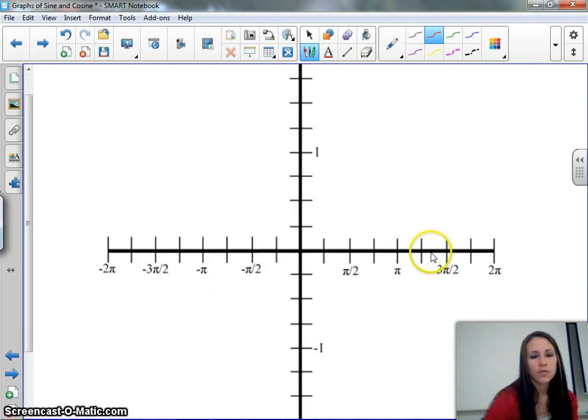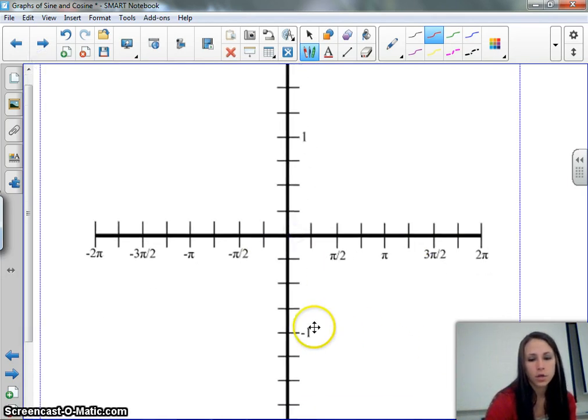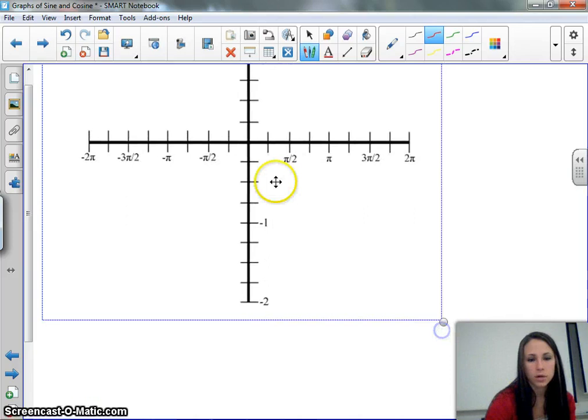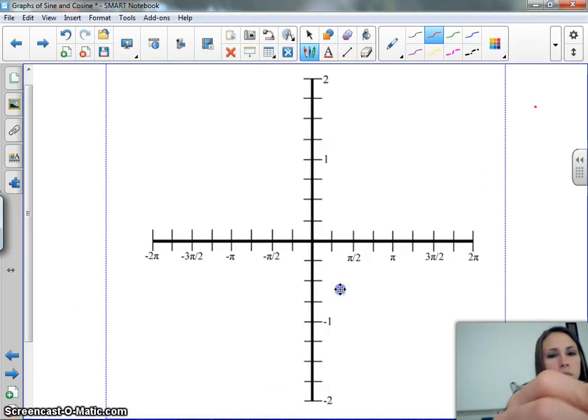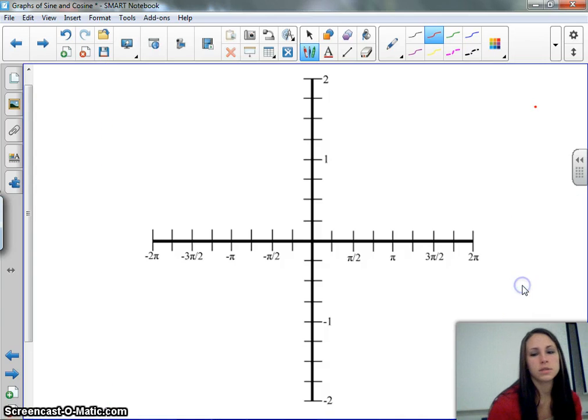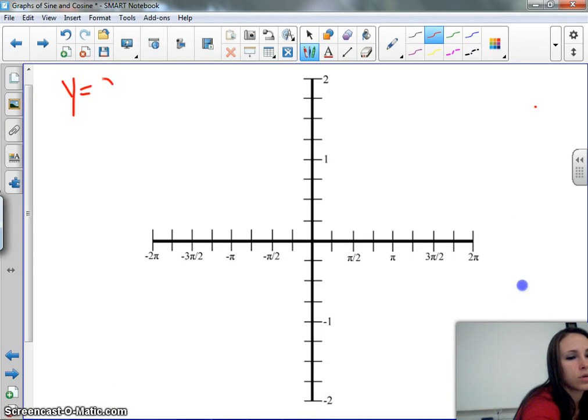Alright, so I'm going to graph on this grid. I'll make this a little smaller. I'm going to graph the graph of sine, y equals sine x, the basic sine function.